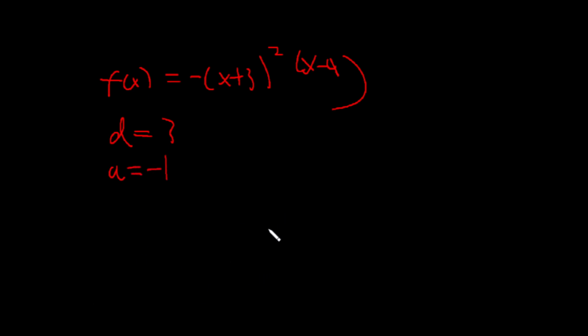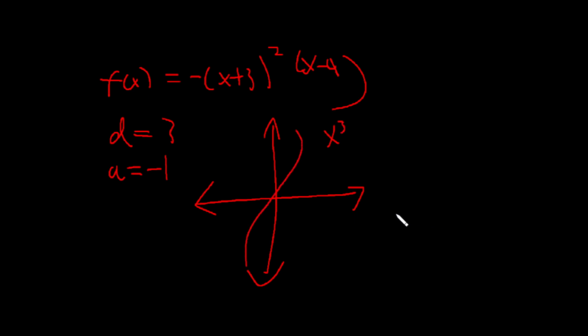Based off this, we can visualize a graph: a normal x cubed function will look like this, right? But now it's flipped, so this would be negative x and positive y, and negative y, positive x.